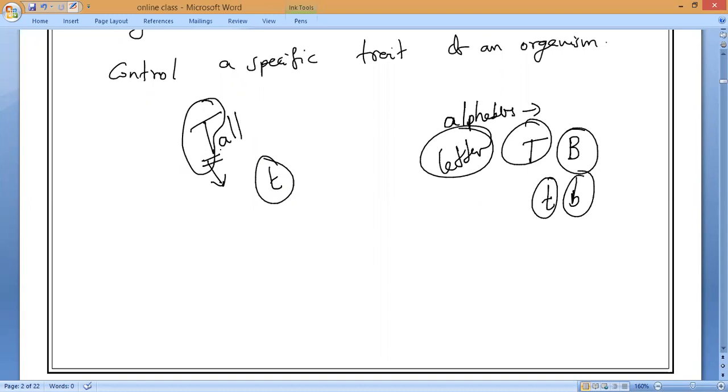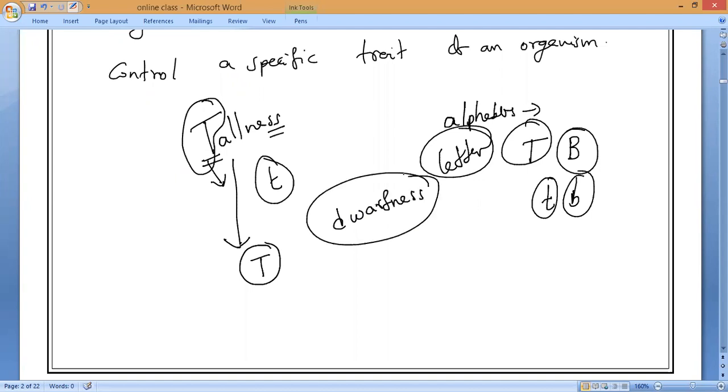So the basic thing you will observe in plants and humans and all is tallness. Tallness is represented by a letter. What is that letter called, everybody? Capital T. In the same way, those who are very short, or plants that are not growing properly, we call them dwarfness.